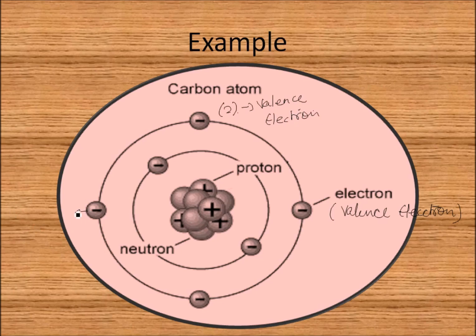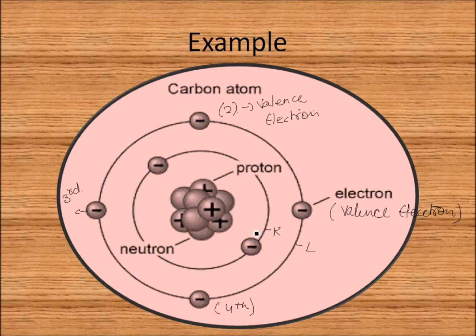This is the third one, and this is the fourth. Here is the K shell. According to the Bohr-Bury model, the K shell is completely filled. This is the L shell, which is partially filled by 4 electrons.